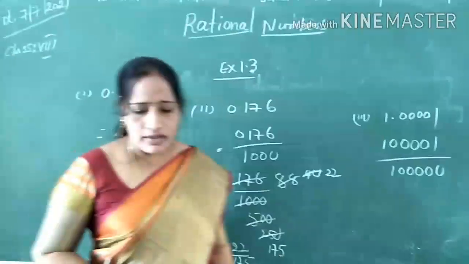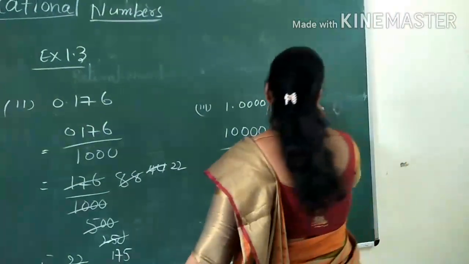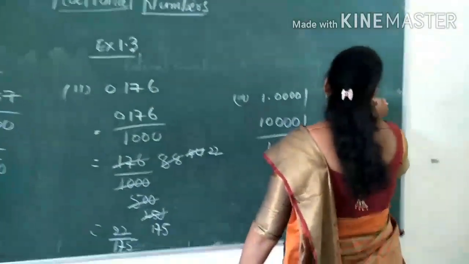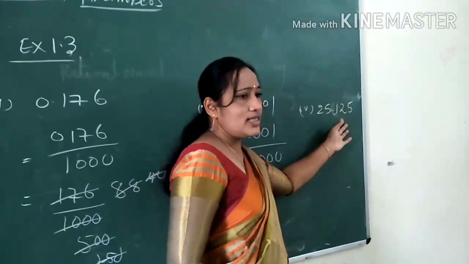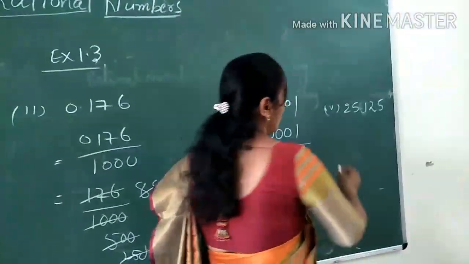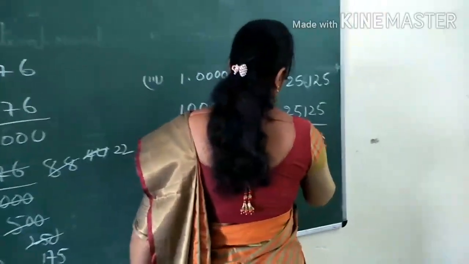And the next one is 25.125. Here also, how many digits after the decimal point? 3 digits only. So it is terminating: 25125 by 1000.